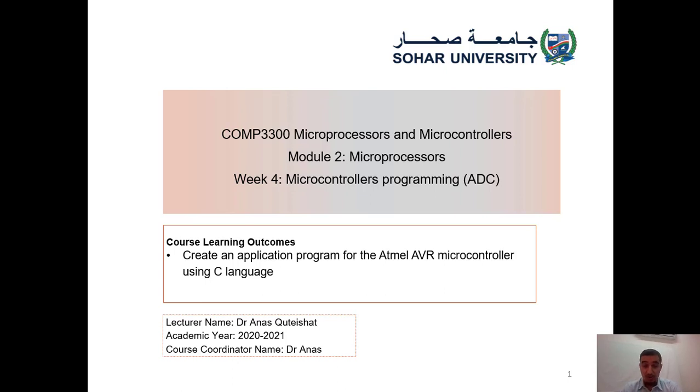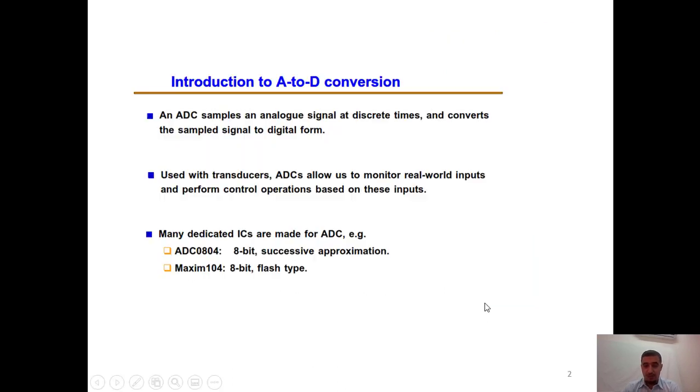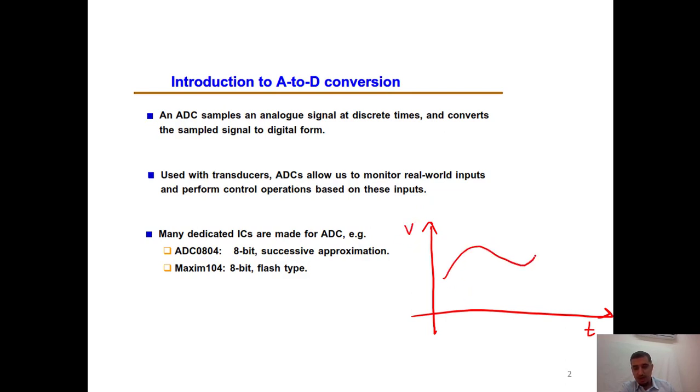We are going to talk about analog to digital converters. The first thing we are going to talk about is what an analog to digital converter is and what its characteristics are. Assume that we have an analog signal, with time on the x-axis and voltage or current on the y-axis, and we want to convert this analog signal into digital values.